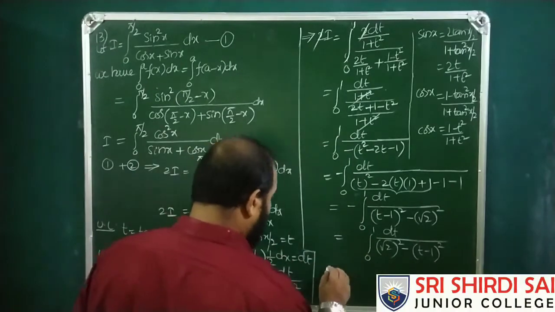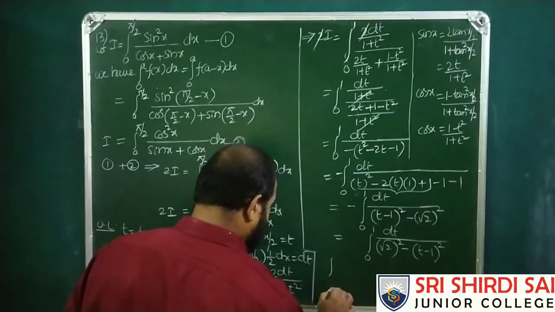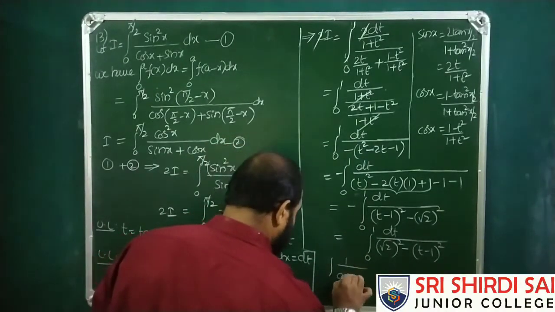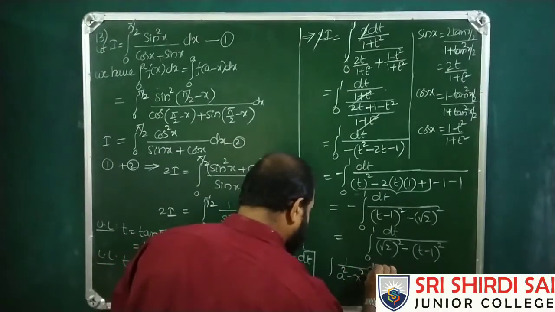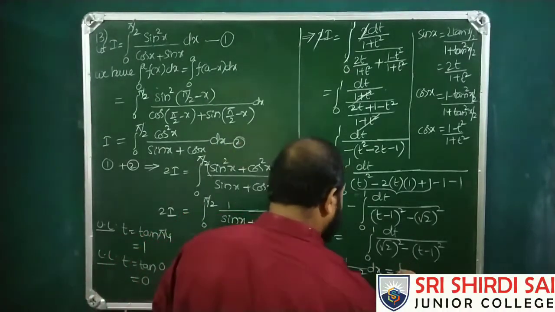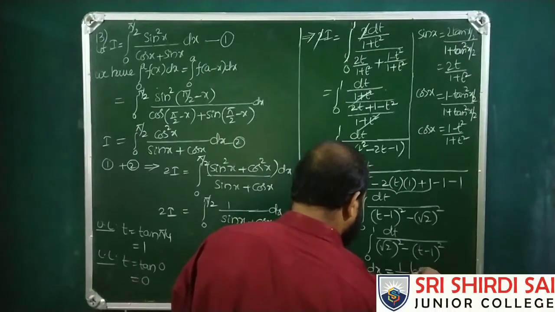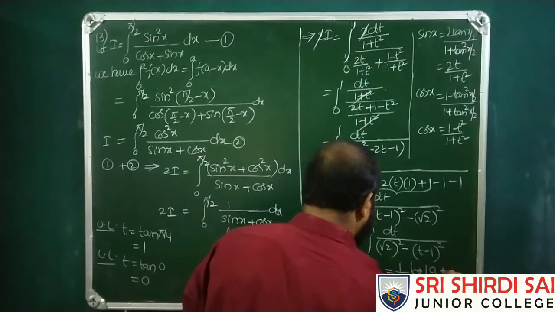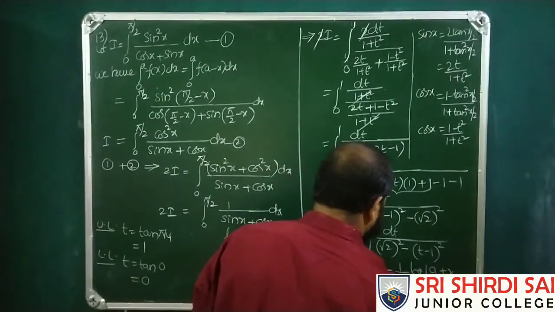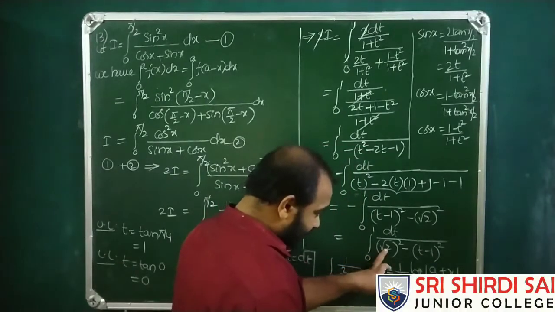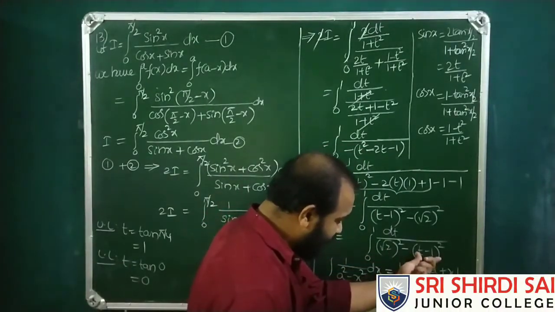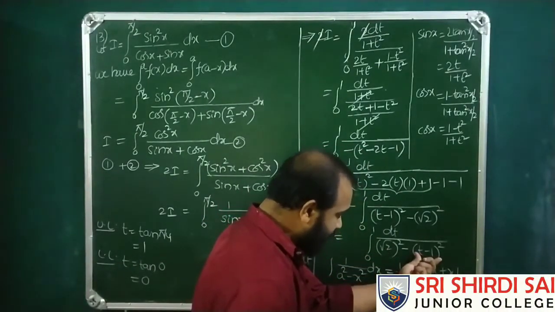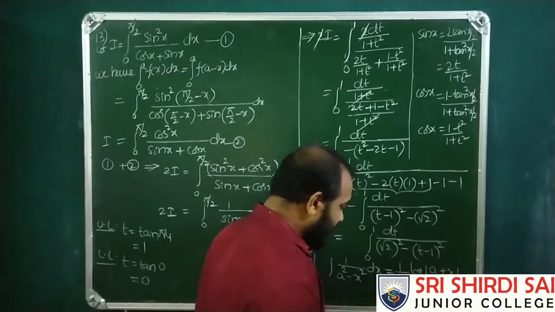So we know what is the integral of 1 by a square minus x square dx. 1 by 2a log of a plus x by a minus x. So this is a, and this t, since it's the variable of integration, this is x to be taken.